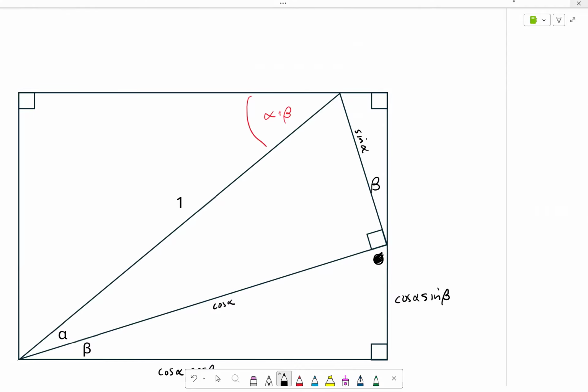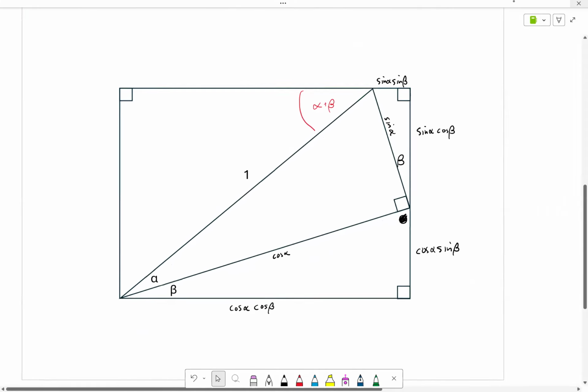I'm gonna rush you through here. On the right side, it's sine of alpha times, it's adjacent, so it's cosine beta. The little one on top times sine, and it's sine beta because it's opposite of that beta. Now we've almost completed the sides of the rectangle, haven't we?